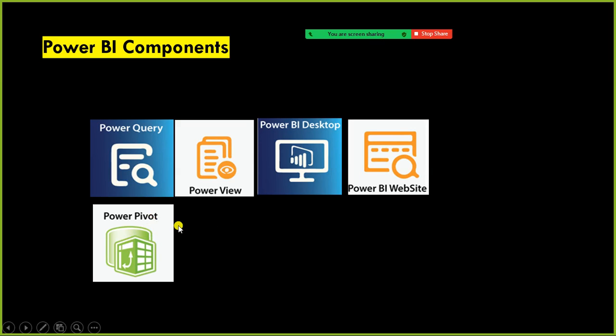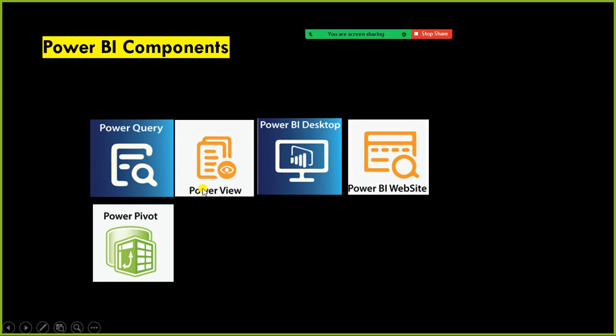As part of the data model design, we identify the key attributes, create the relationships, and then you do the cleaning. The next step is, once the data is clean, you develop the reports using Power View. So these are the three components available as part of Power BI Desktop itself. And the next one is the Power BI website.